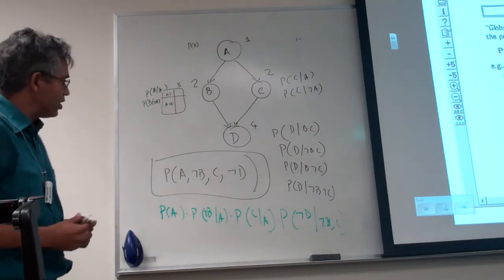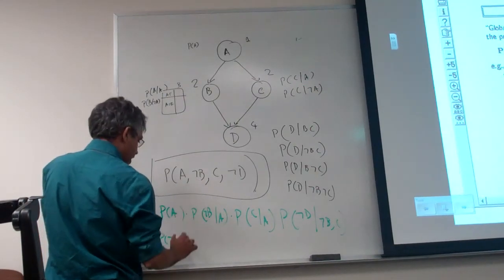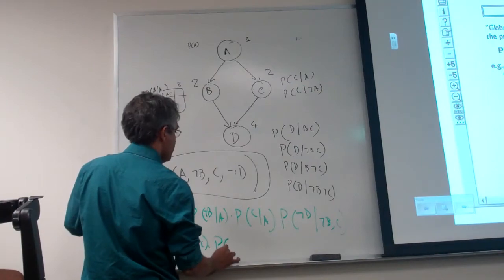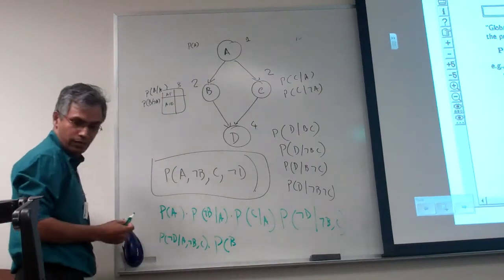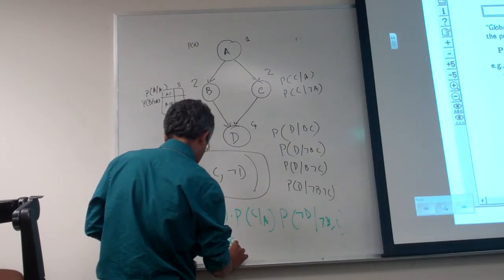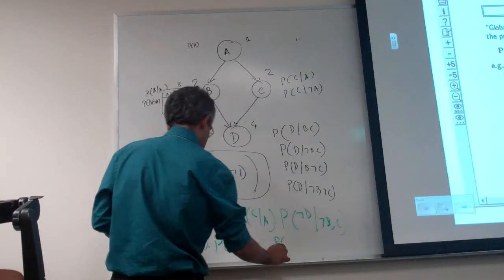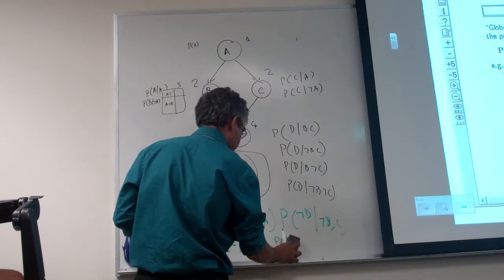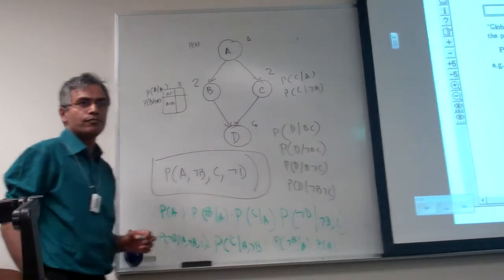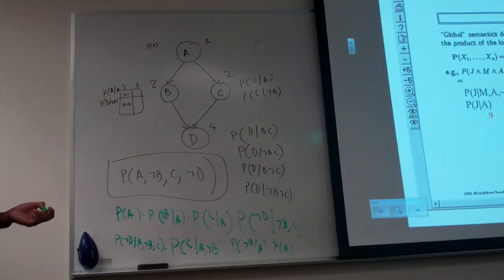So basically I would have written the chain rule as P of not D given A, not B and C, times P of C given A and not B, times P of not B given A, times P of A. Right? That's one chain rule instantiation.